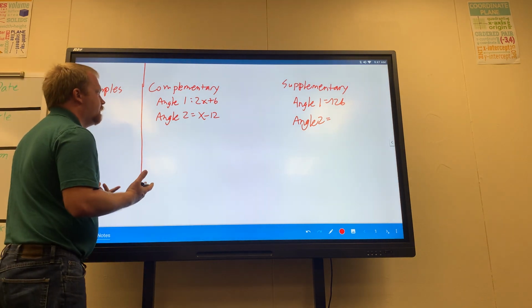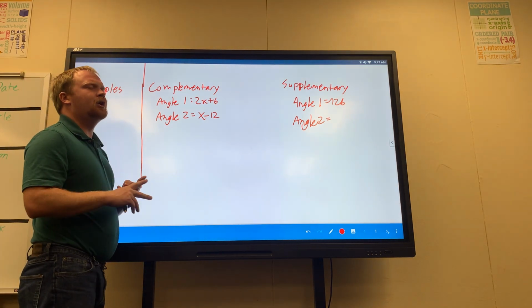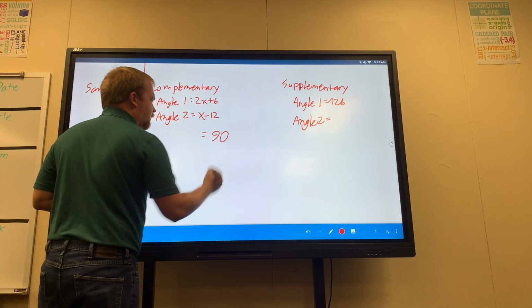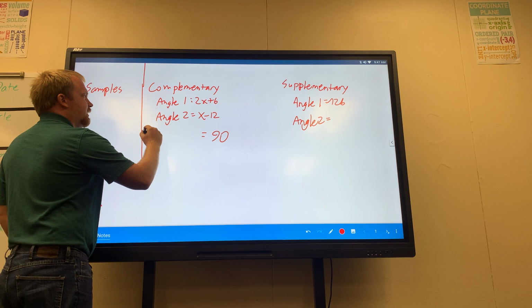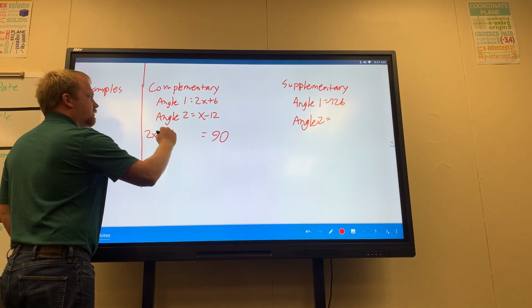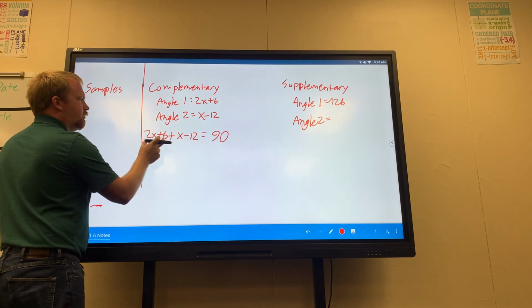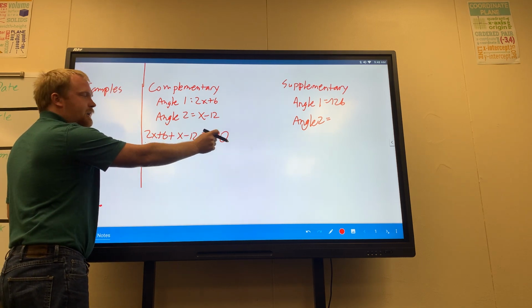Well, I know that two complementary angles add up to 90 degrees. So I can say 2x plus 6 plus x minus 12, because I know these two add up to 90.